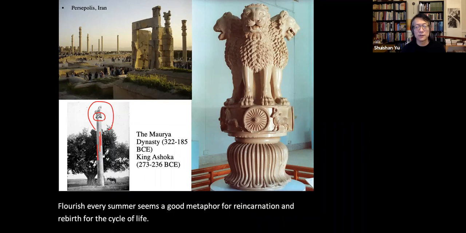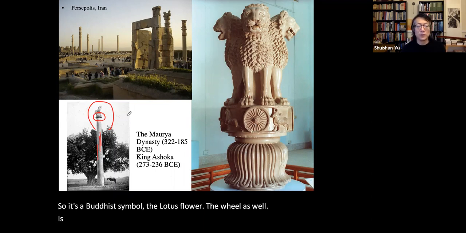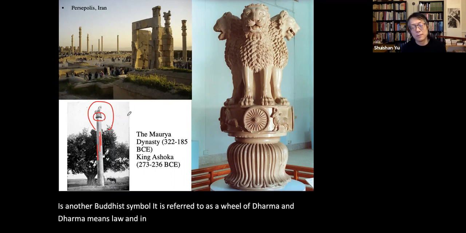So it's a Buddhist symbol. The lotus flower, the wheel as well, is another Buddhist symbol. It is referred to as the wheel of Dharma, and Dharma means law. And in Buddhism, law can be translated as universal principle.